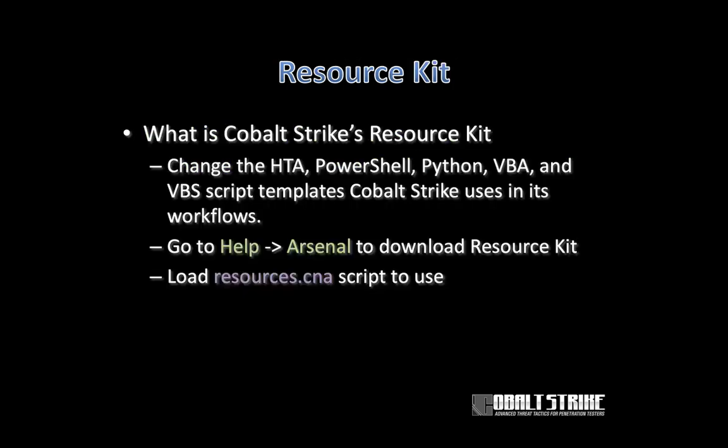When you use scripted web delivery in Cobalt Strike, I would fully expect that the built-in script template for PowerShell or whatever will get snagged by the antivirus product in place. Similar to how you can change Cobalt Strike's executables and DLLs with the artifact kit, you can change Cobalt Strike's script templates that run payloads with the resource kit.